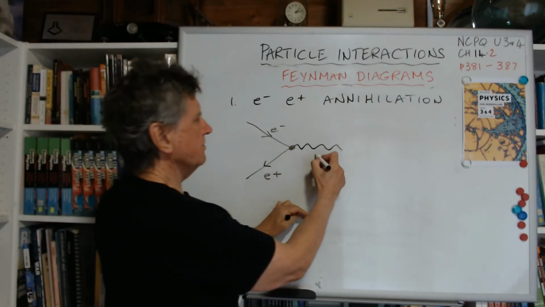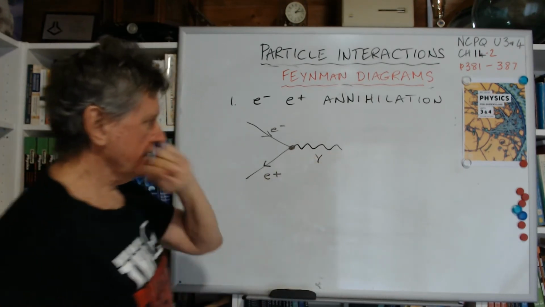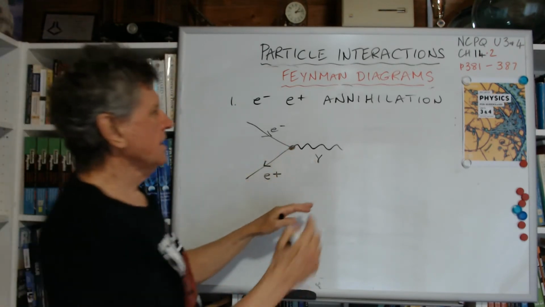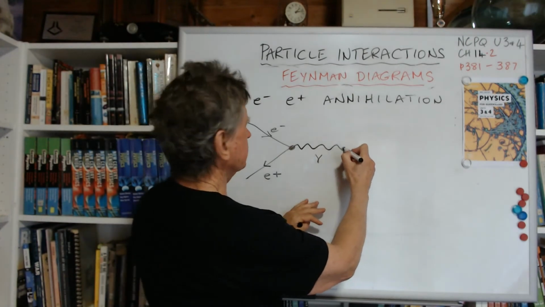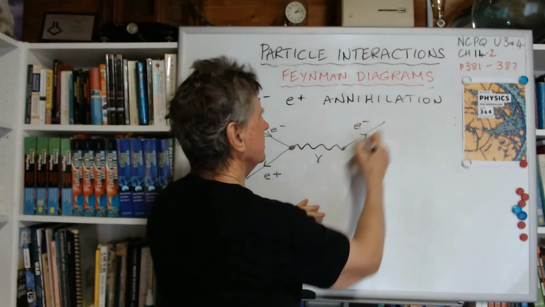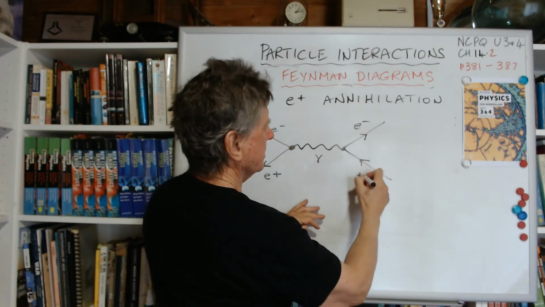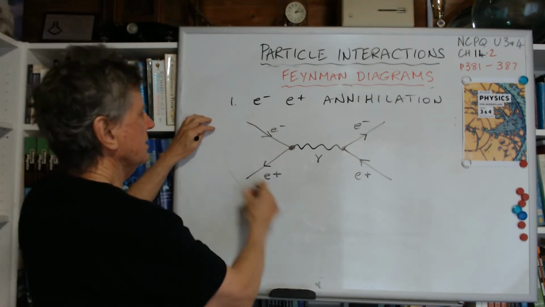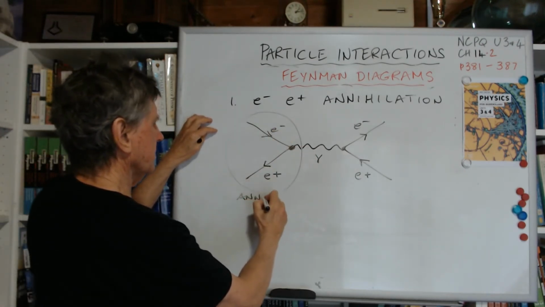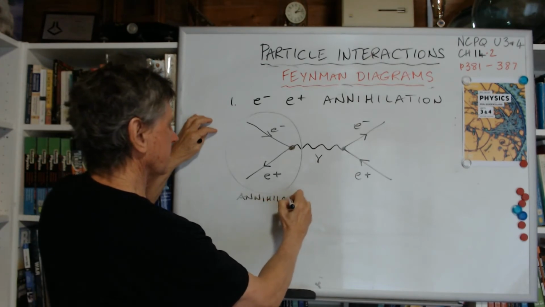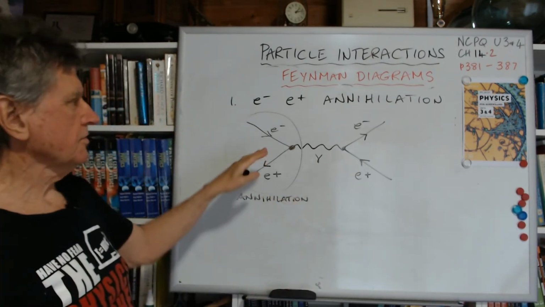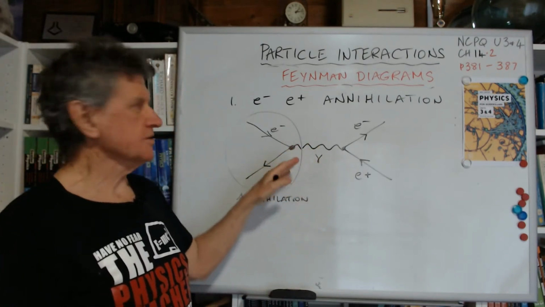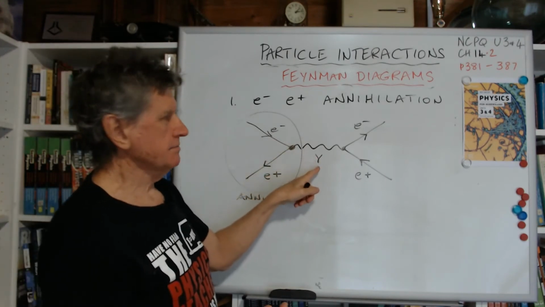So this is a gauge boson, and so it's a gamma symbol, which is a photon. And then what happens is you get this. So here's the annihilation part. So that's annihilation, basically the two particles combining and turning into a photon, or several photons, but at least a photon. That's the gauge boson.